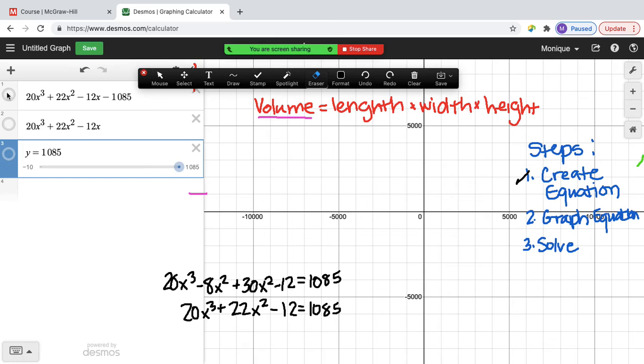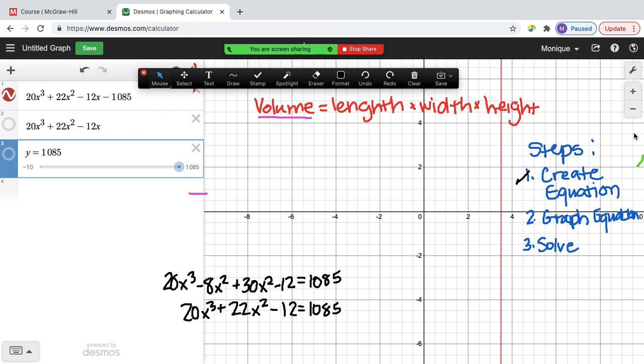So one of the ways, remember, is if you create your equation, set it equal to 0. And then you graph it and look for the x-intercepts.